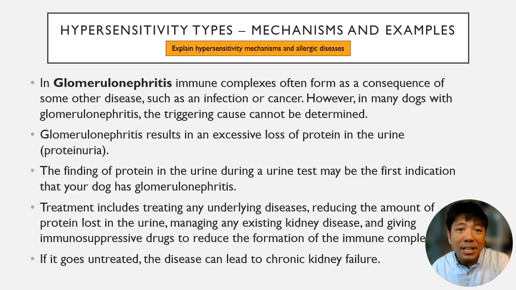Detecting protein in the dog's urine is often the first clue. Treatment focuses on addressing any underlying causes, reducing the protein loss, managing kidney damage, and using immunosuppressive drugs. Without timely intervention, the disease can cause chronic kidney failure.